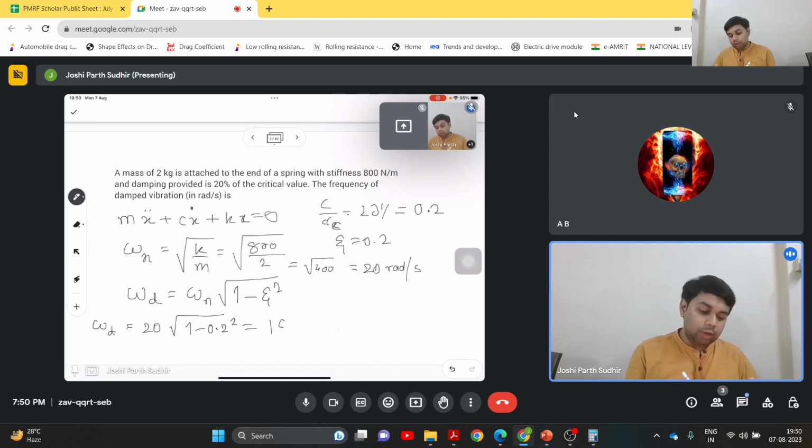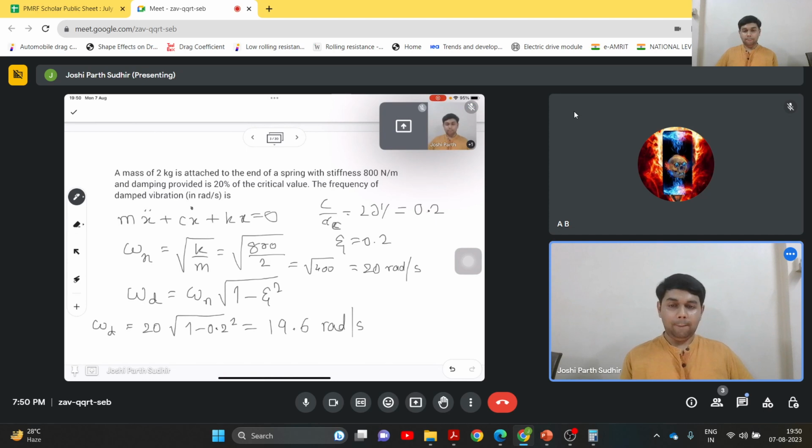Should be something around 19.6 radians per second, approximately. So that is how we can calculate. If we have been given the mass, stiffness, and the damping present in the system, we can find out the damped natural frequency.